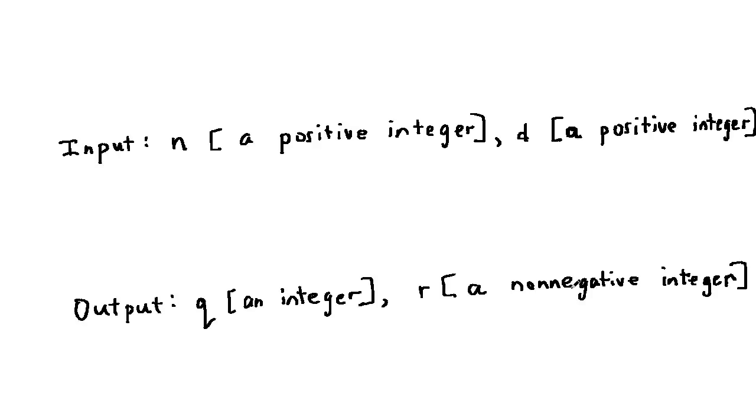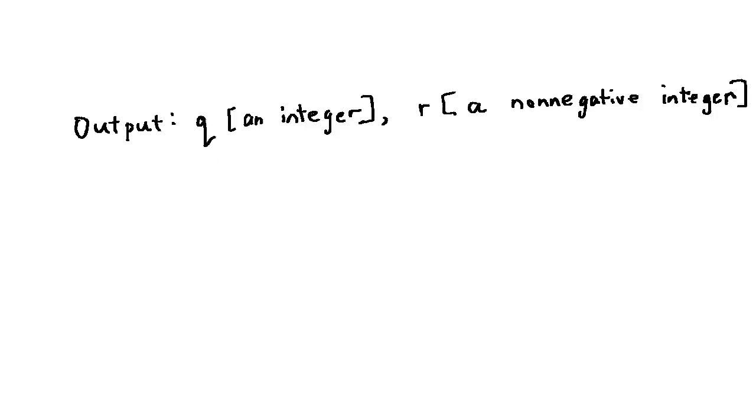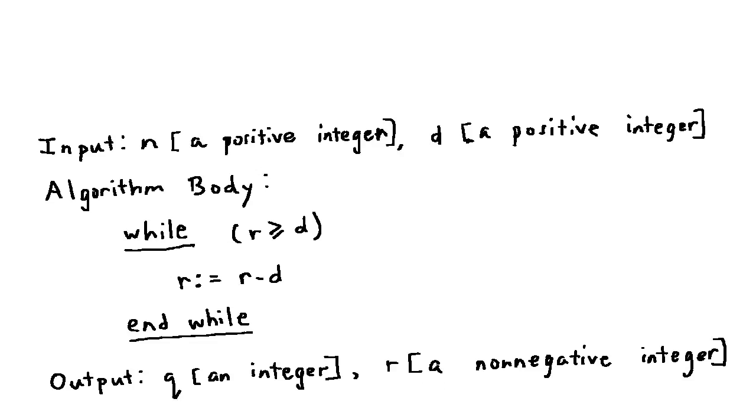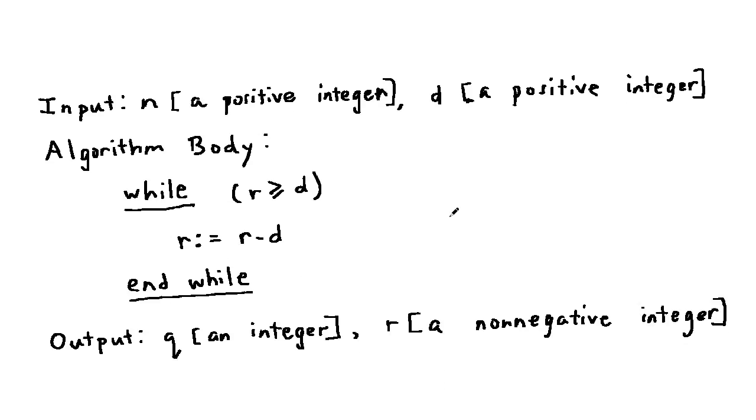So the division algorithm will look like this. We have the input variables N and D, and we have the output variables Q and R. And here we have the algorithm body.